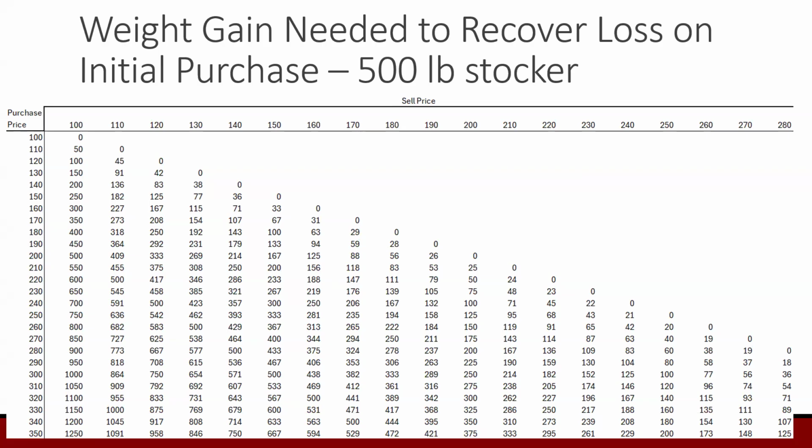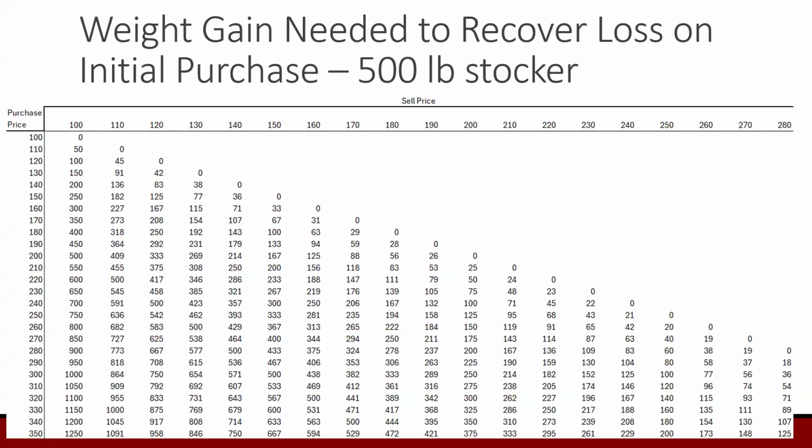cost. Okay. If I bought that animal for $110 per hundredweight and I sold it at $100 per hundredweight, I would have needed to add 50 pounds of gain to that animal to recoup my purchase price. Does that make sense? As purchase price increases and I'm holding sell price constant, the more weight I would need to add to that animal to recoup my purchase price.